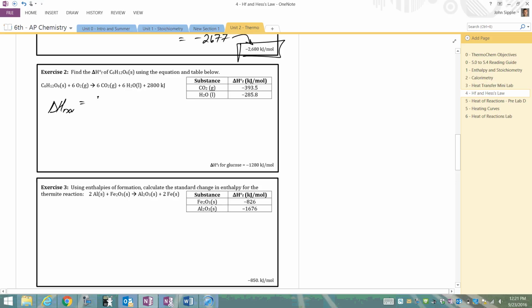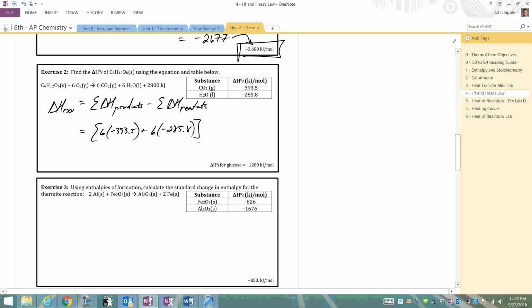It's still equal to the sum of products minus the sum of the reactants. So I'm just going to start plugging these in. My products, we've got 6 times negative 393.5 for CO2 plus 6 times negative 285.8 for water.